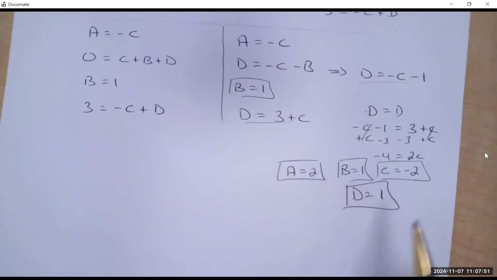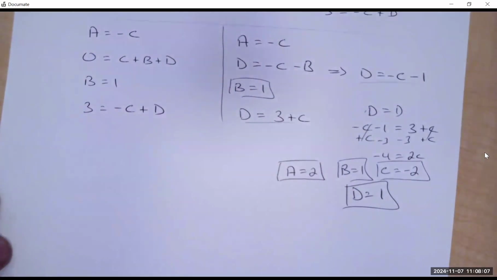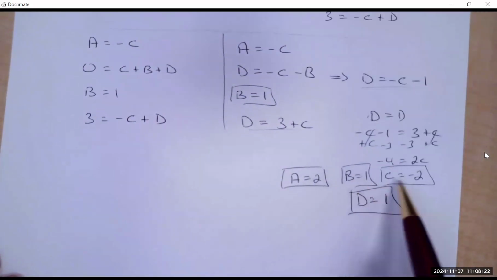So I can't use anything on this side. Okay, so now what we have is A is 2, B is 1, C is negative 2, D is 1.